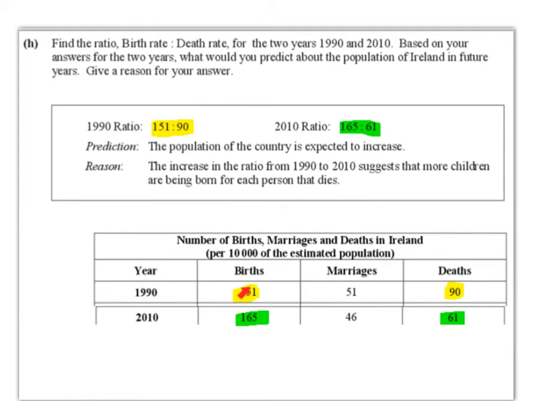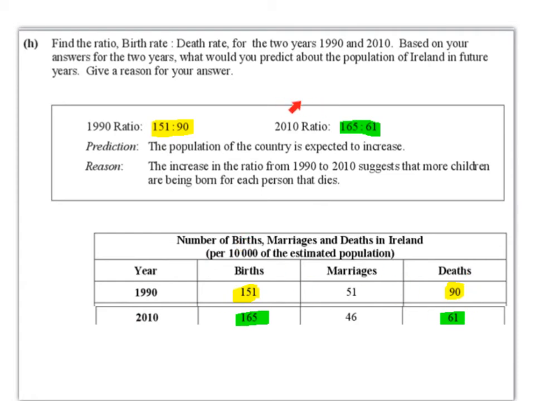So there was 151 births per 10,000 in 1990. And there was 90 deaths per 10,000 in 1990. So for 1990, the ratio is 150 to 90. In 2010, there was 165 births per 10,000. And in 2010, there was 61 deaths per 10,000.